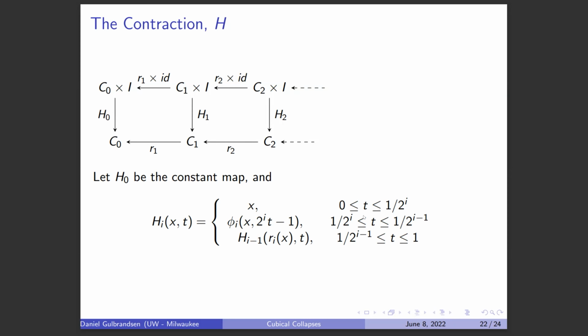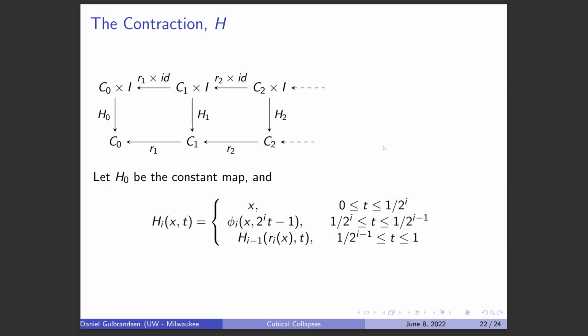The reason you have to split the time into such funny intervals is that you start by just sitting there, not doing anything. That allows these maps later in this diagram to do their stuff so that they catch up with you. Then once everything catches up with you, you hit it with this carrier collapse, this deformation retraction, and you define it this way so that everything works out and the maps commute.